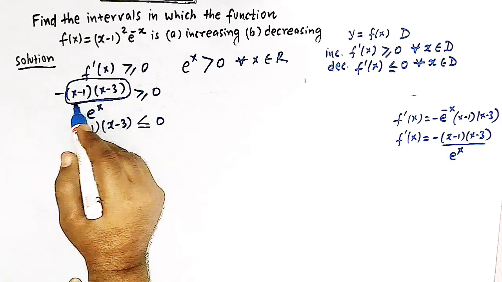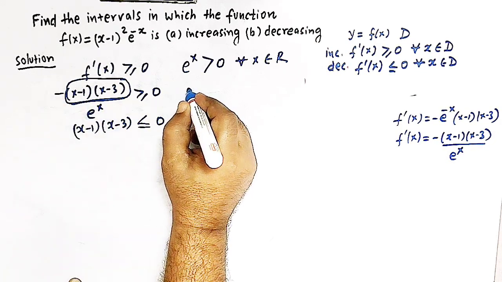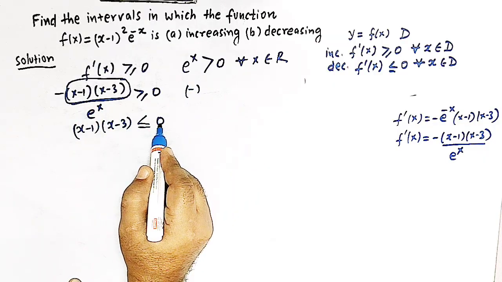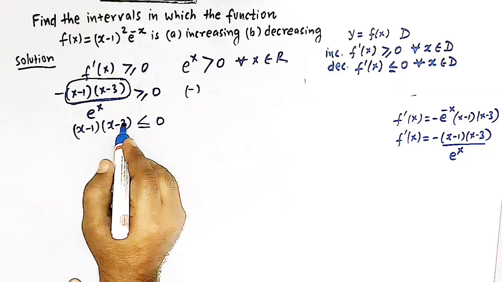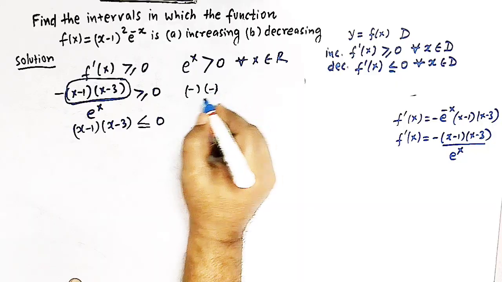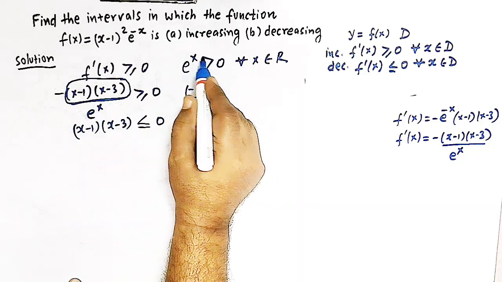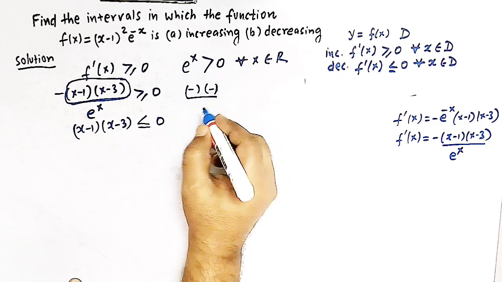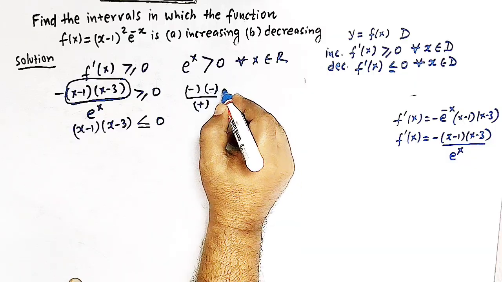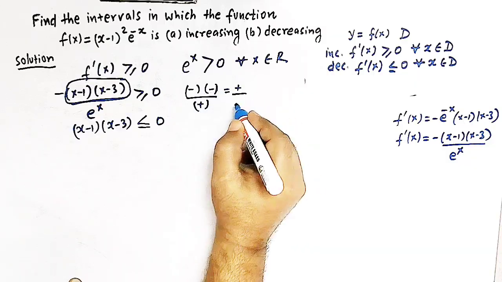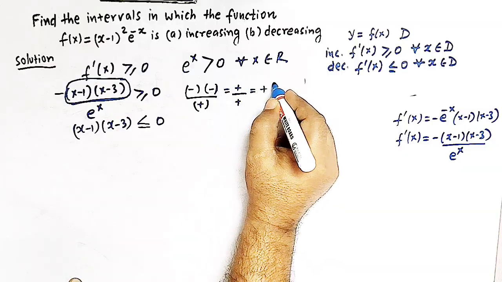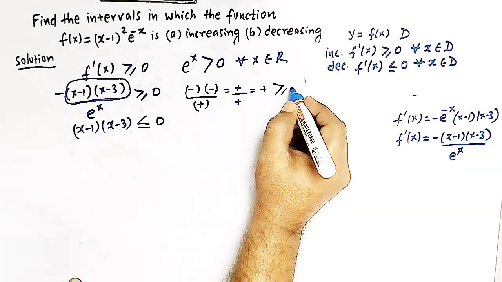So in other words, we have a negative sign here, and if the product (x minus 1)(x minus 3) is negative, and in the denominator e raised to x is always positive, then when we multiply these two negative signs we have positive, and this entire term is positive, so this is greater than or equal to 0.